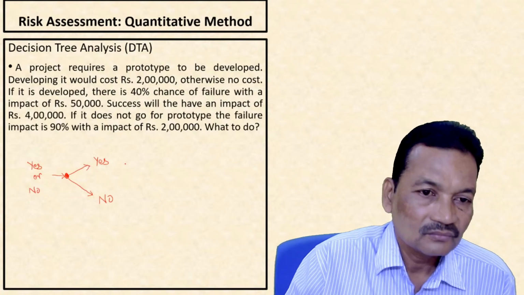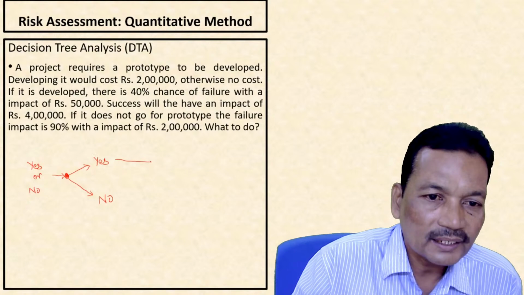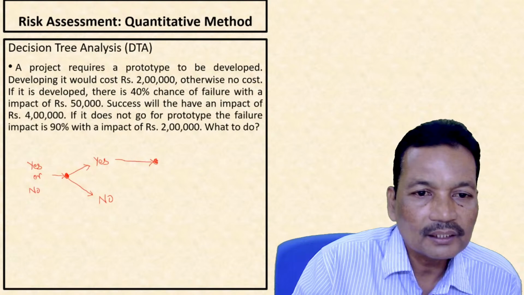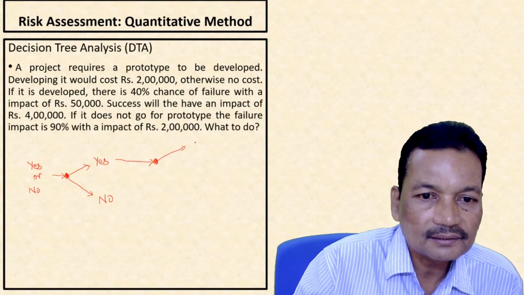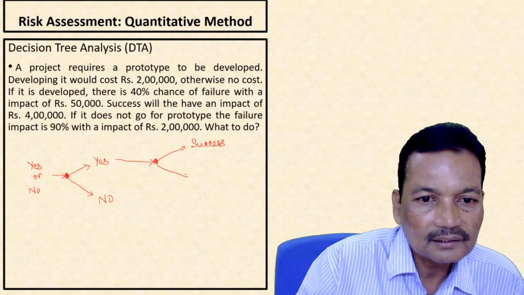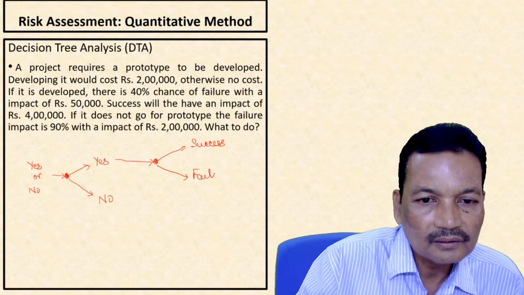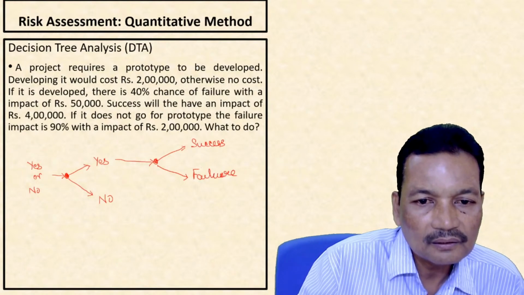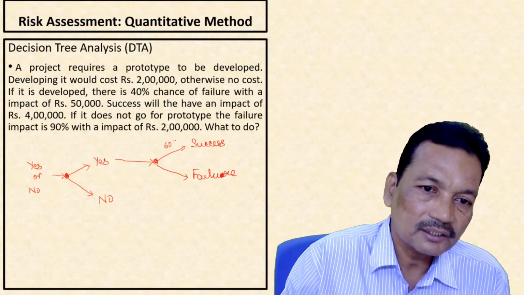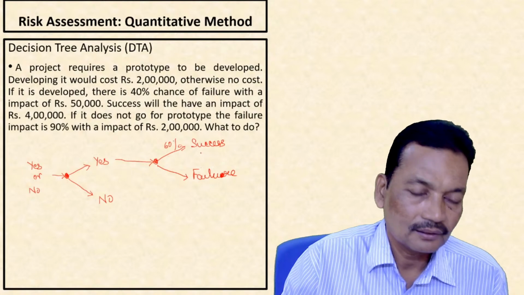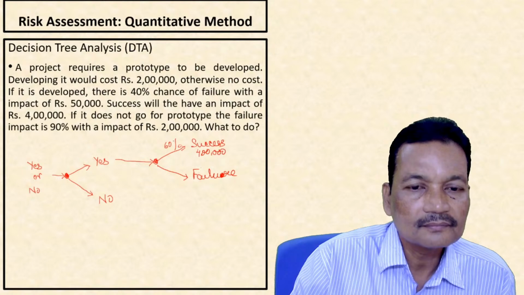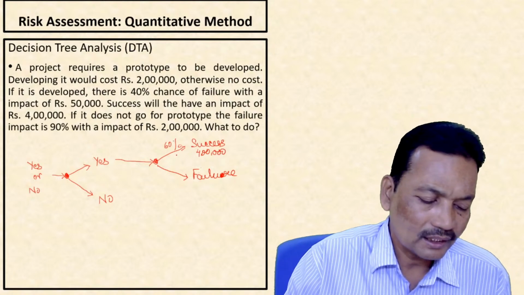Now, if I go for the prototype, again I face a decision whether it will be success or failure. Now, success has a 60% chance and it will give me 4 lakh rupees. So, what happens?